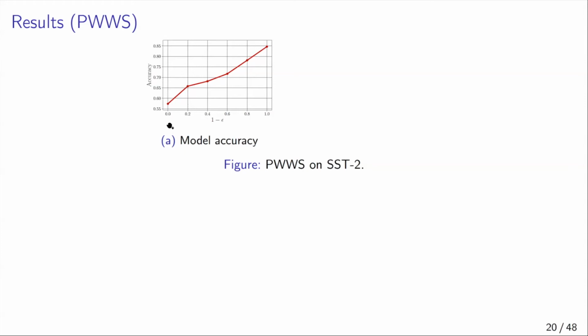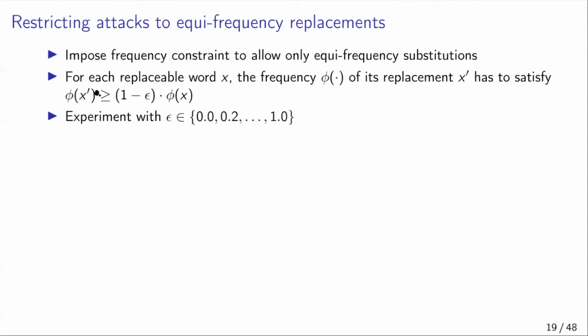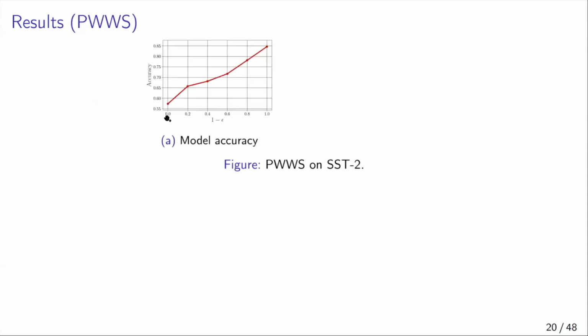If 1 minus epsilon is 0, then the frequency only has to be larger or equal than 0, so this just degrades to the normal attack as we have seen before. And as we increase 1 minus epsilon, the after-attack accuracy goes up, which means that the attacks become less successful. Why is this the case?